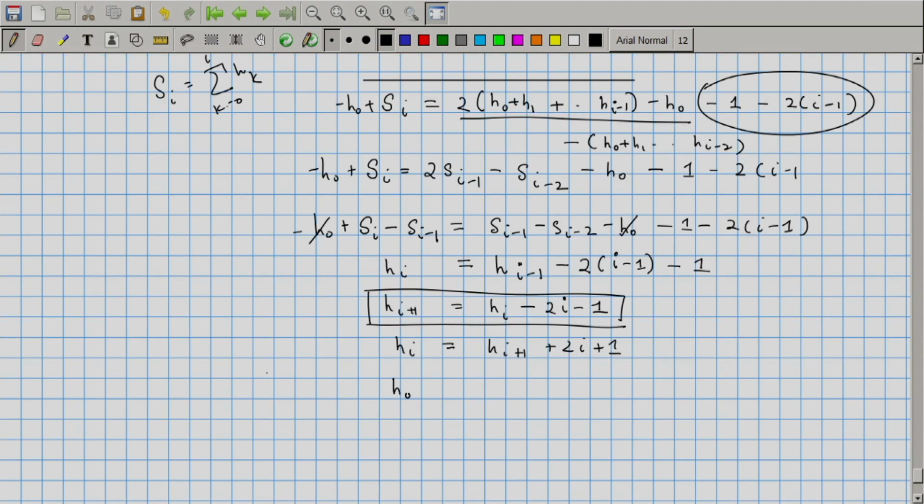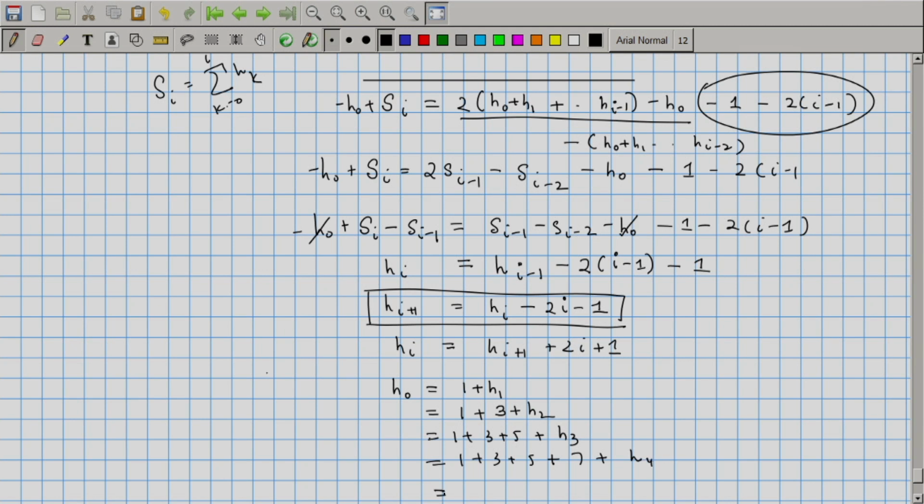So, therefore, h 0 is equal to 1 plus h 1, and this is equal to 1 plus 3 plus h 2, since I here is 1, and this is equal to 1 plus 3 plus 5 plus h 3, that is equal to 1 plus 3 plus 5 plus 7 plus h 4 and so on.